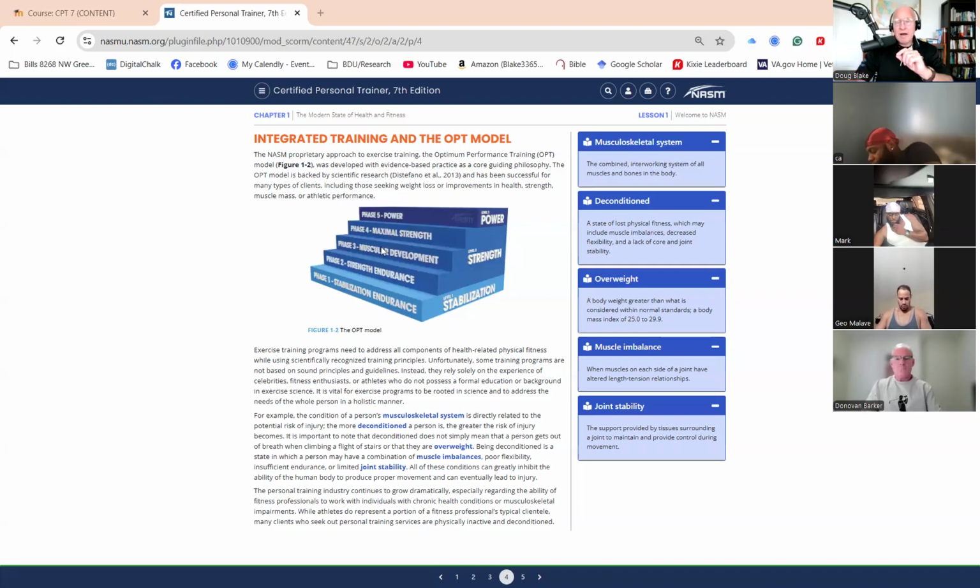Now, the levels themselves actually are broken into what are known as phases. It's really easy to memorize this because level 1, stabilization, and level 3, power, they each only have one phase anyway. It just so happens that level 2 has 3 phases.